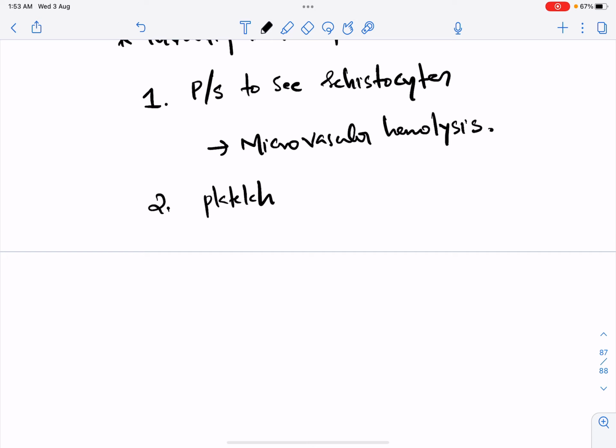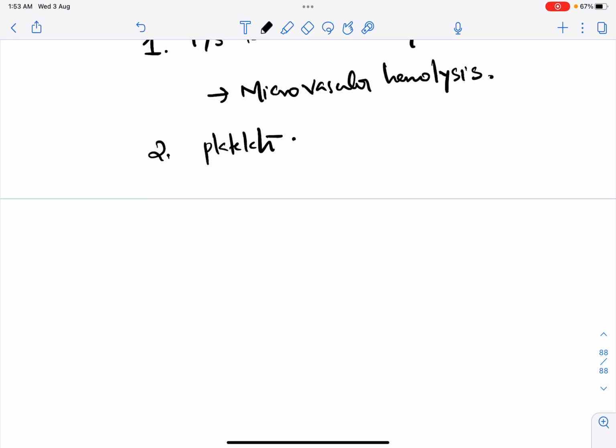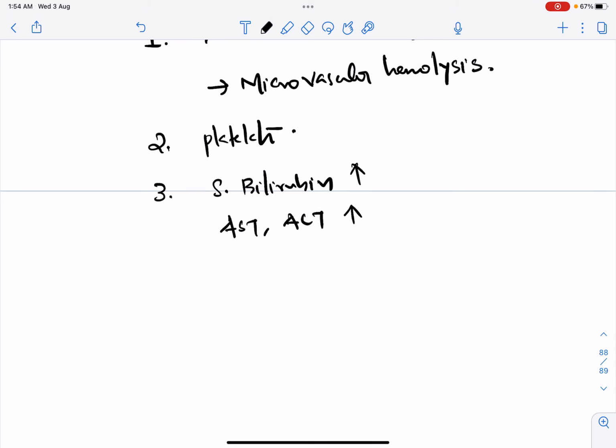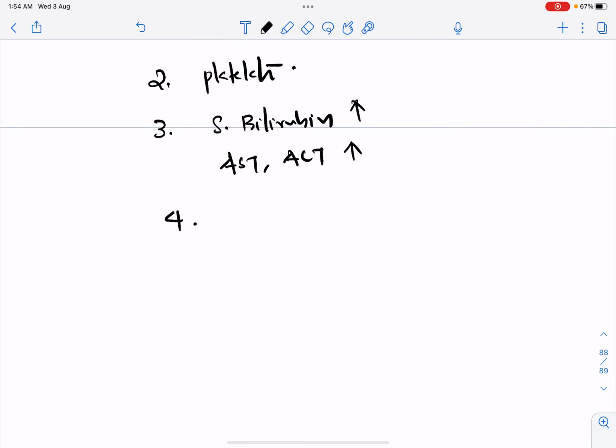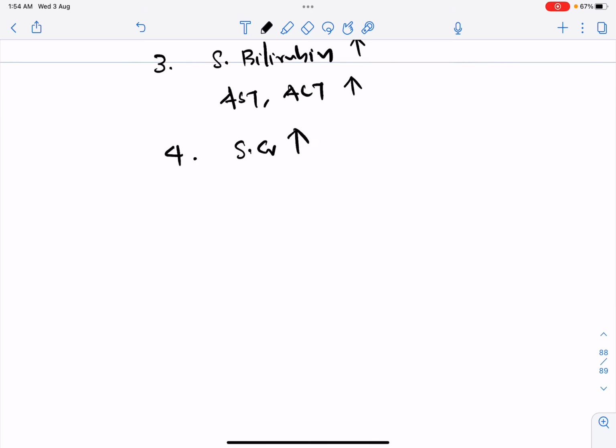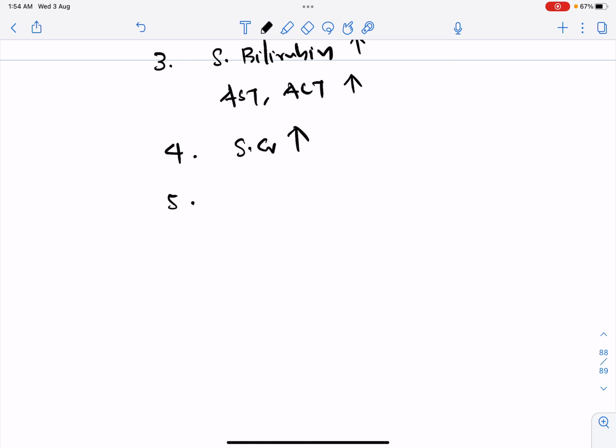Low platelet is a sign of end organ failure, and you have to look at serum bilirubin and also AST and ALT. Elevated liver enzymes suggest severe preeclampsia. Then look for serum creatinine. Elevated serum creatinine also suggests severe preeclampsia. And you should look for serum uric acid, which would also be elevated.